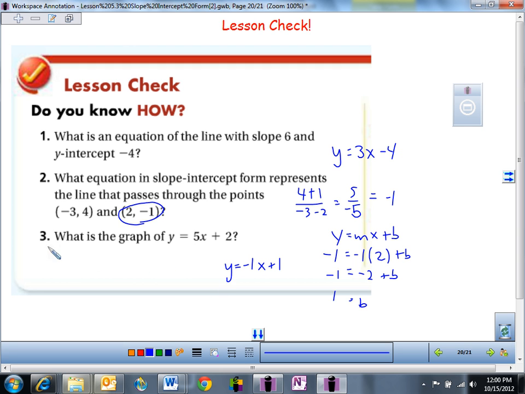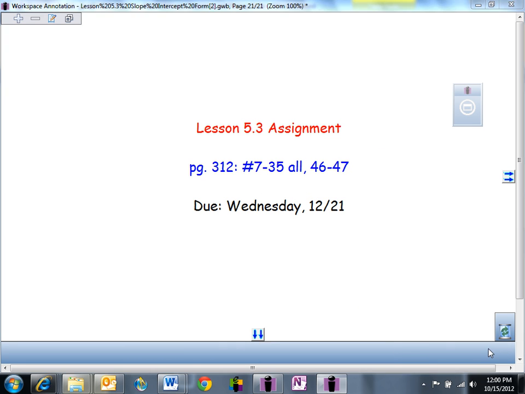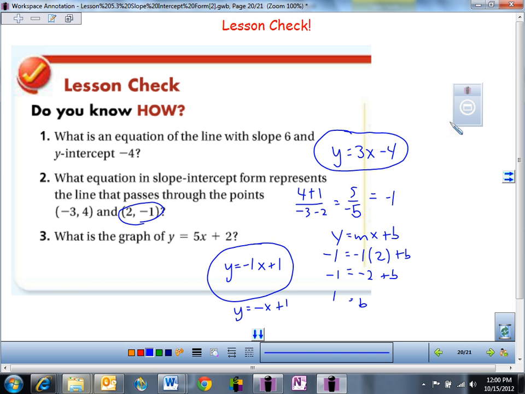And because of time, we'll skip number 3. So number 1 should be 3x minus 4. Number 2 should be y equals negative x plus 1, and you could just have y equals negative x plus 1.